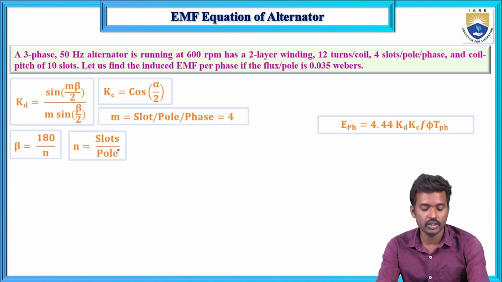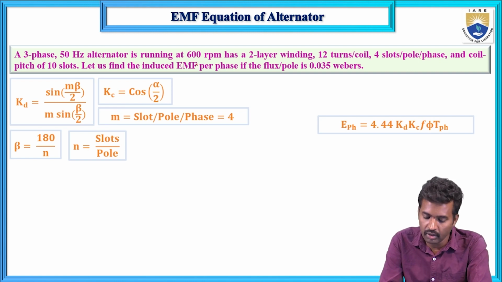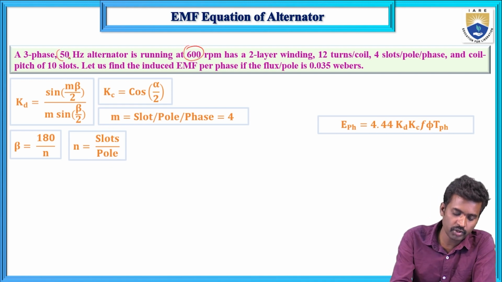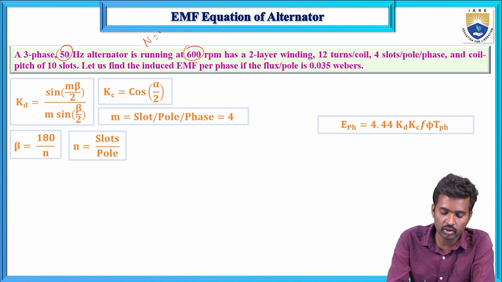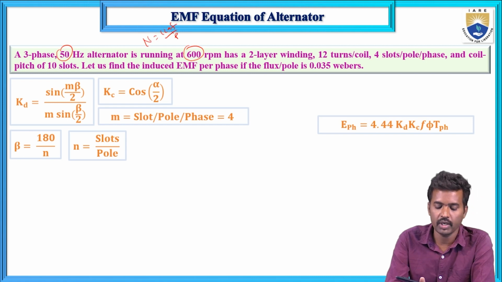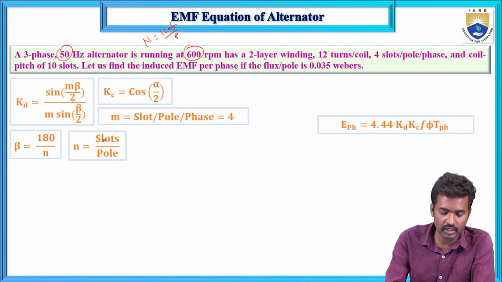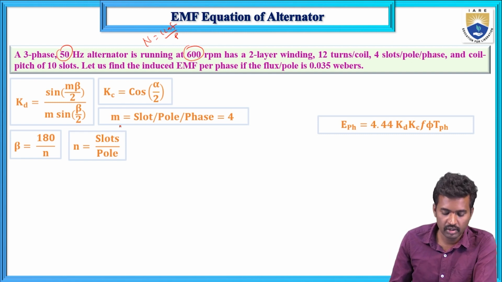Now here is the question: there is no n value. They have not mentioned the number of poles and the number of slots. So poles we can calculate from this formula, and slots we can calculate from the slots per pole per phase, since there are 3 phases. So n equals 120 f by p. Now from this, 600 equals 120 f by p.